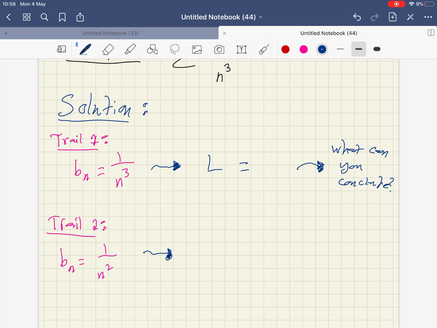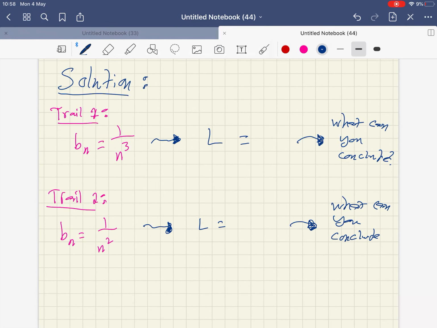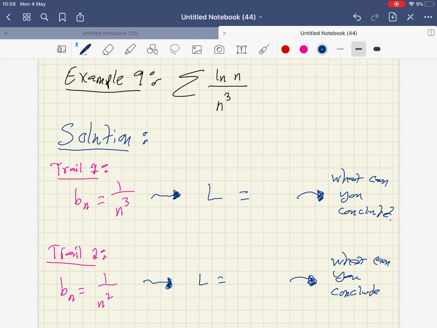Find for me the L and tell me what you can conclude. Okay, I want you to do this by yourself. Check which one will give you the answer and why trial number 1 will not help you, but trial number 2 could help you. So I will wait for your answers in the comments in the master file.